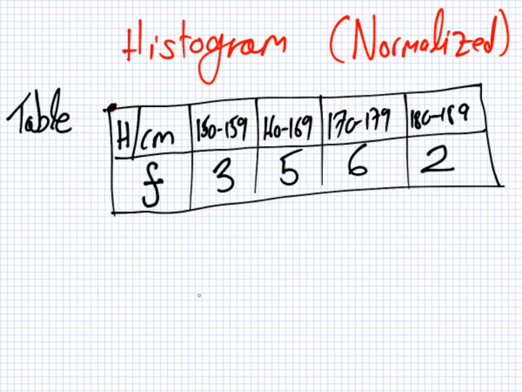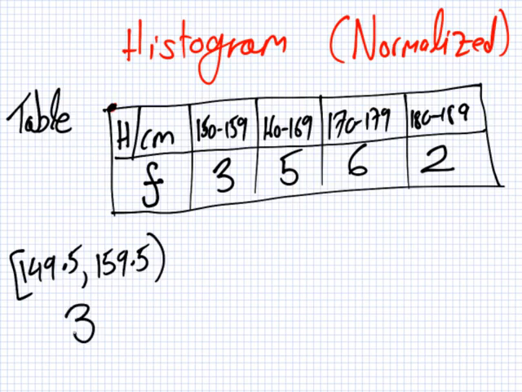Okay, you got that? Yeah. So first we need to calculate the lower and upper boundaries. So for the first one, what's the lower boundary? 149.5 to 159.5, and we have 3 in this class.